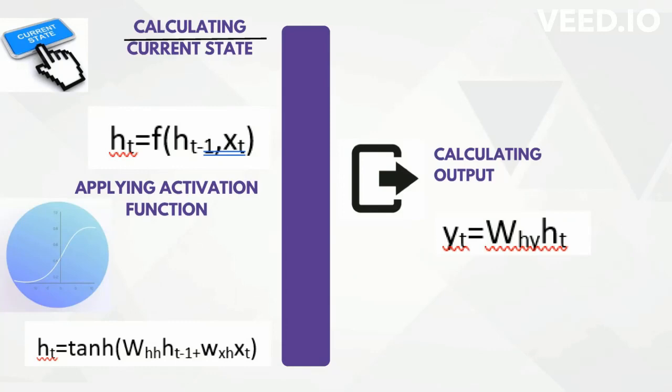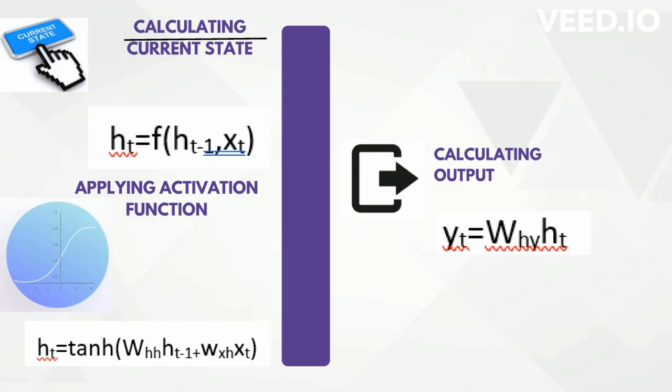So these are the formulas for calculating the current state, calculating the output, and how to apply the activation function. The first one is the formula for calculating the current state: ht = f(ht-1, xt), where ht is the current state, ht-1 is the previous state, and xt is the input state.